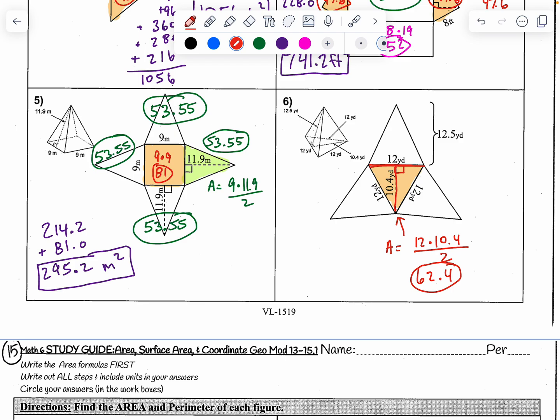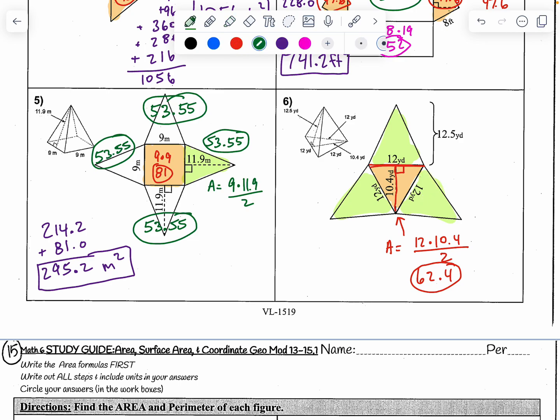And now I've got to find these triangles, and they are all the same. They all have a base of 12, and so I can assume they're going to have the same height, which is right over here. It's 12.5. So these, let's do it in green. They're all the same. Yay, coloring.